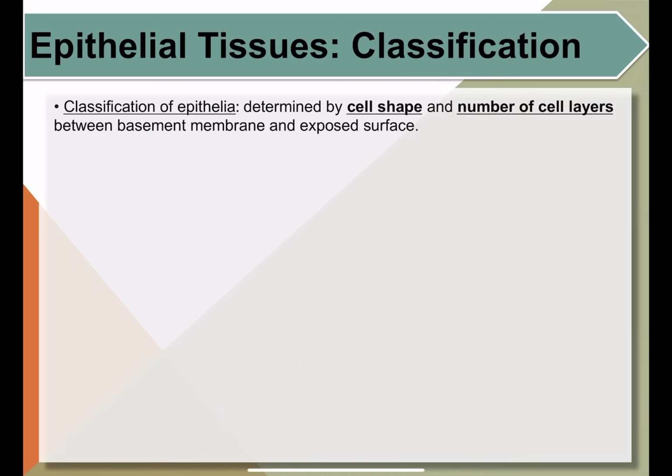So how are epithelial cells classified by name? This is the one type of tissue where we do have a systematic way to classify them, by the cell shapes and the number of cell layers it has. So it is pretty straightforward to remember how to name epithelial cells specifically.